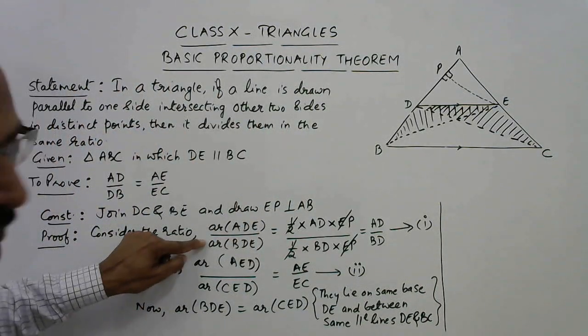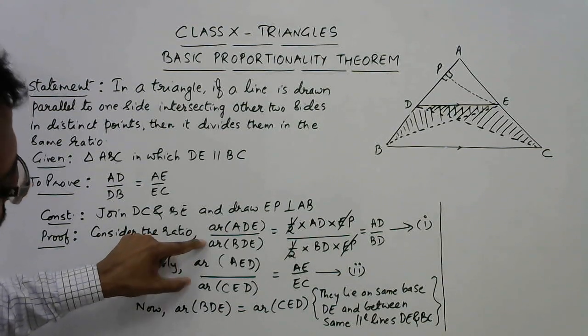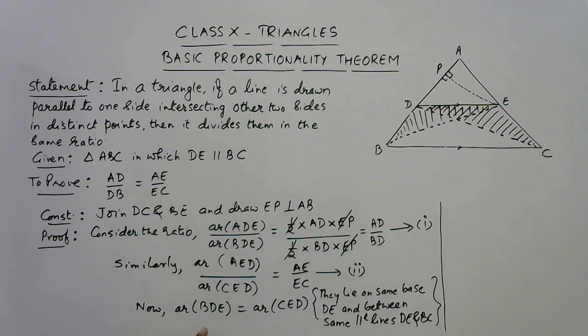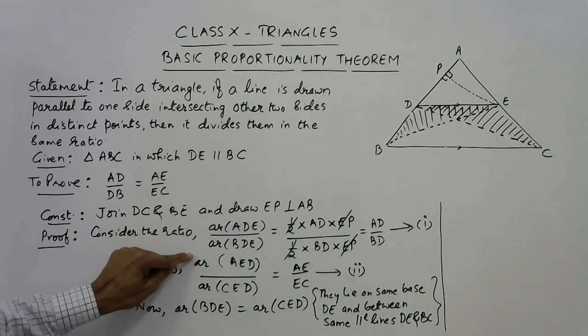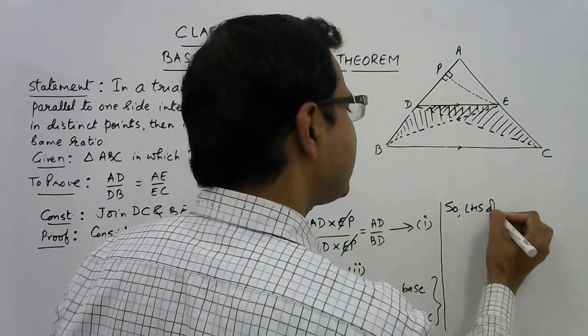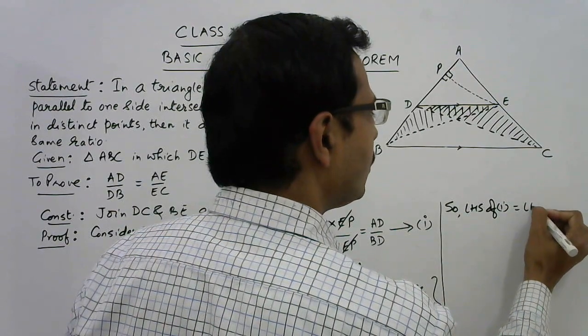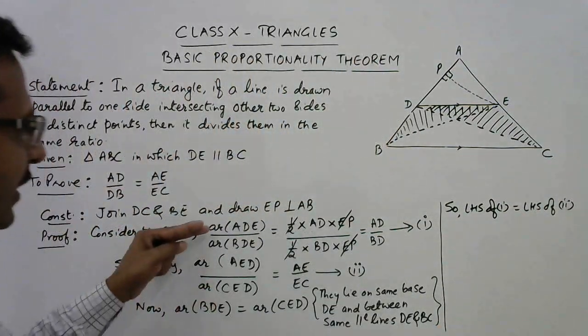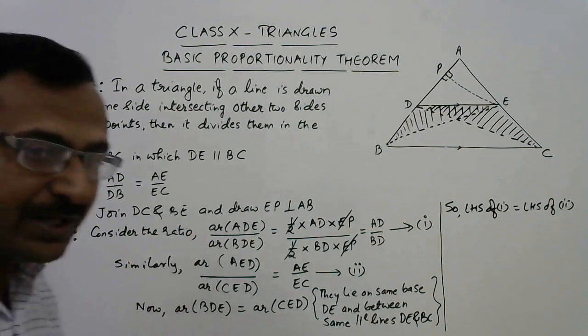Now we have proved that the denominator of the first equation and the denominator of the second equation are equal, and numerator was already equal. So LHS of first equation is equal to LHS of second equation. So we have proved that the two LHS are equal. And why did we do that?